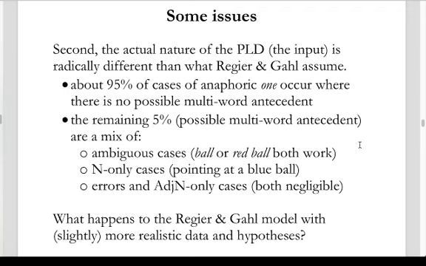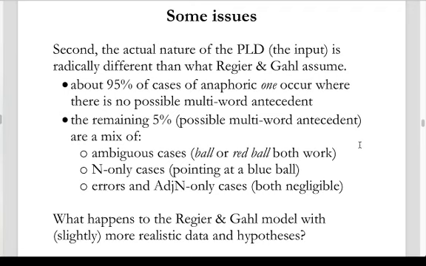Mostly they're ambiguous cases. These are the ones that Regier and Gahl focus in on. I have a red ball and John has one too. So here, these are the ambiguous cases where either the one-word antecedent or the multi-word antecedent could work, and the likelihood approach, the indirect negative evidence approach, would favor the red ball interpretation in these specific cases. But this is a very small percentage of the overall cases.